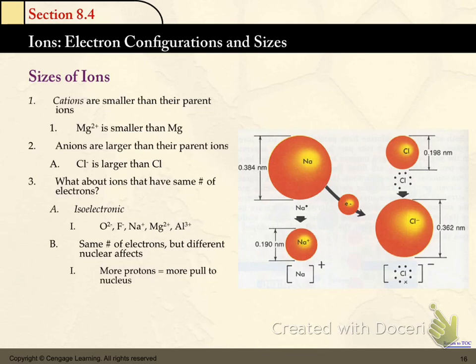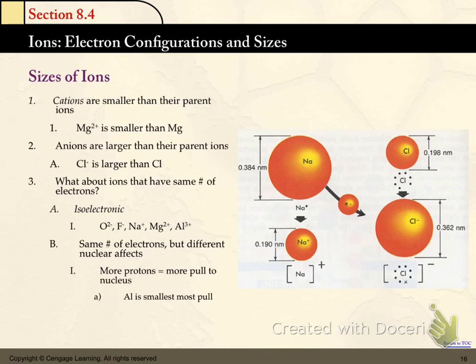So we should be able to see that aluminum, which has the same amount of electrons as an ion, as O2- and F- and Mg2+ and Na+, but aluminum has more protons than any of those ions. And because of this, its outer electron shell, its valence shell, is pulled tighter to the nucleus. So then aluminum is actually going to be the smallest.